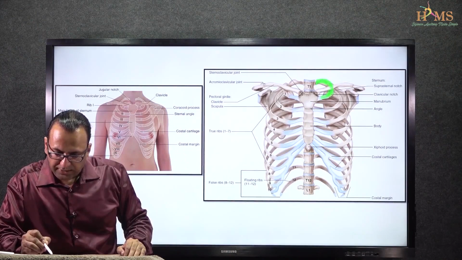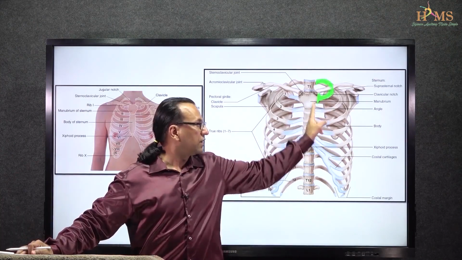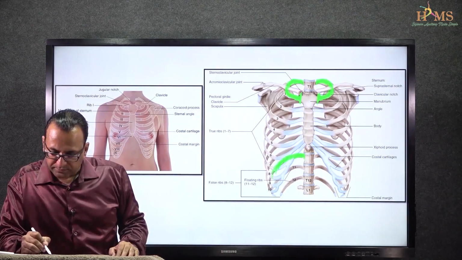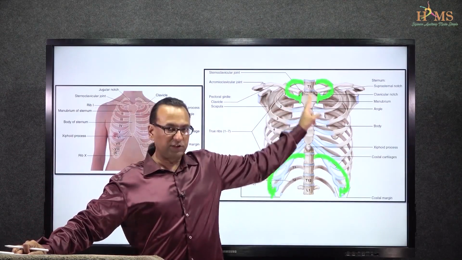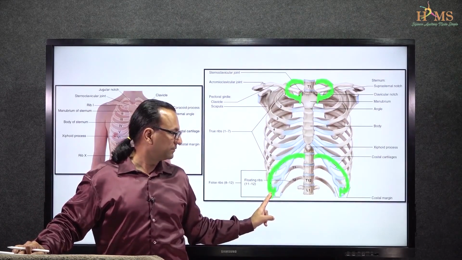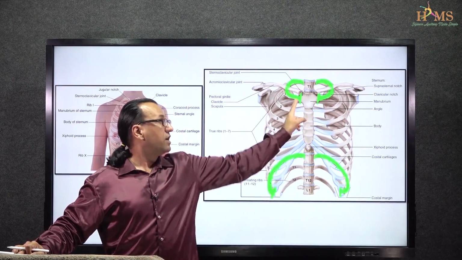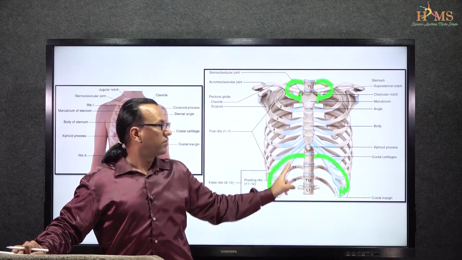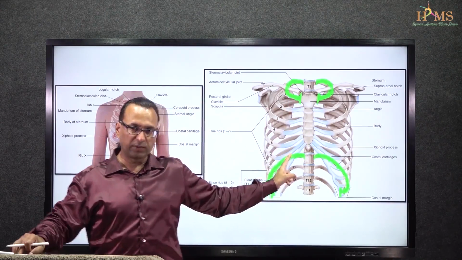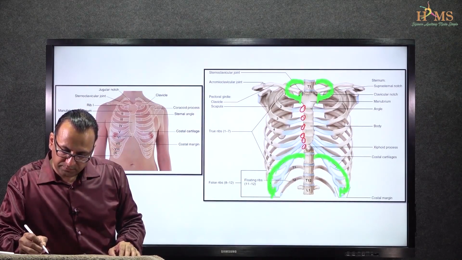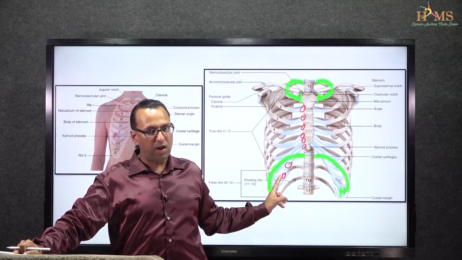The first rib attaching to the sternum and the 10th rib attaching to the costal margin are exceptions. Means they don't have a synovial joint. Then who has a synovial joint? The rest of the ribs, like which ones? That will be rib number 2, 3, 4, 5, 6, 7, 8, 9. All the ribs except 1 and 10.